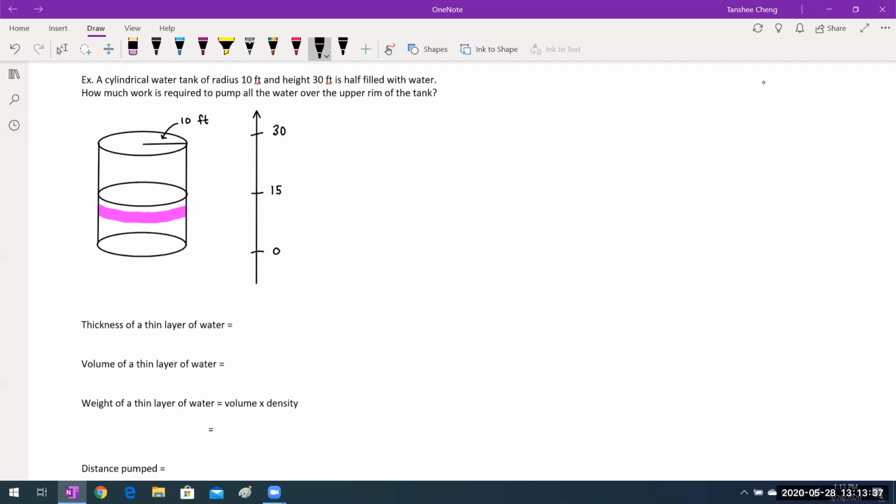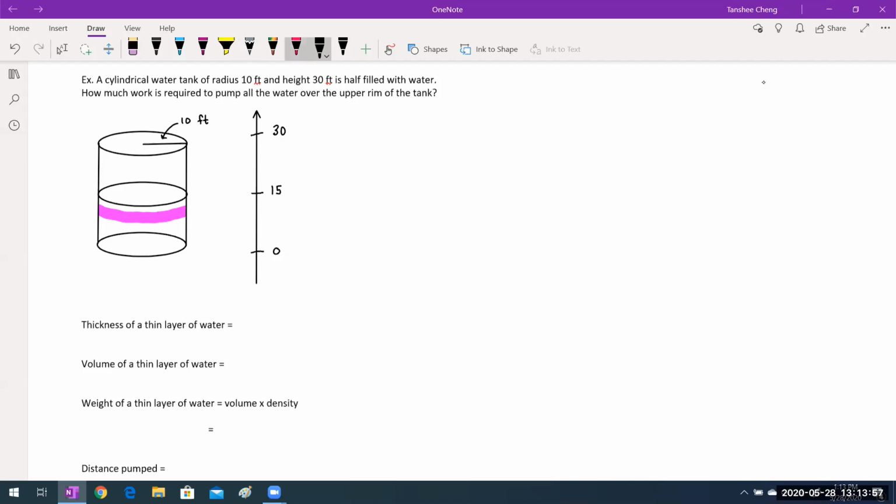Okay. So now, like before, what we're going to do is look at a thin layer of water being pumped out, and how much work is required to move that thin layer of water.